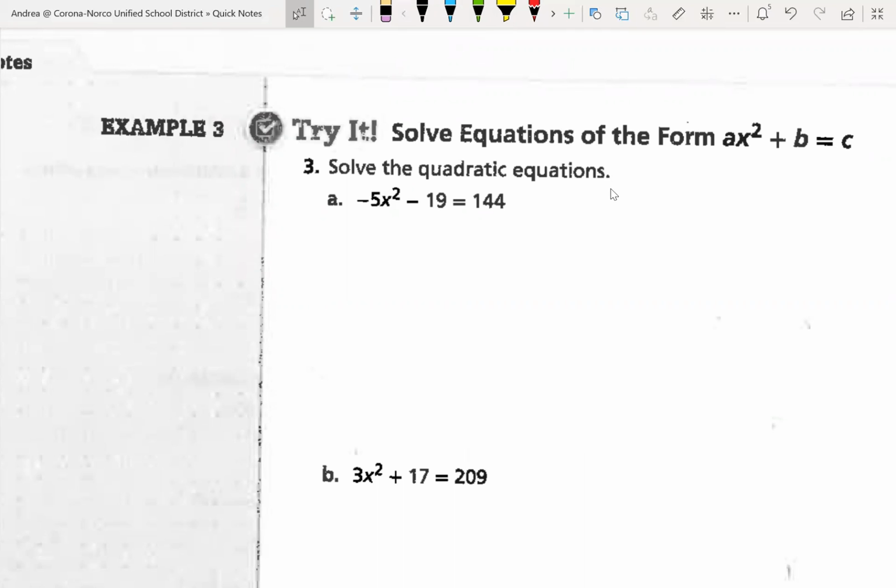Yassine, what should I do first to solve this equation? Plus 19 to both sides. That gives me negative 5x squared equals 163.